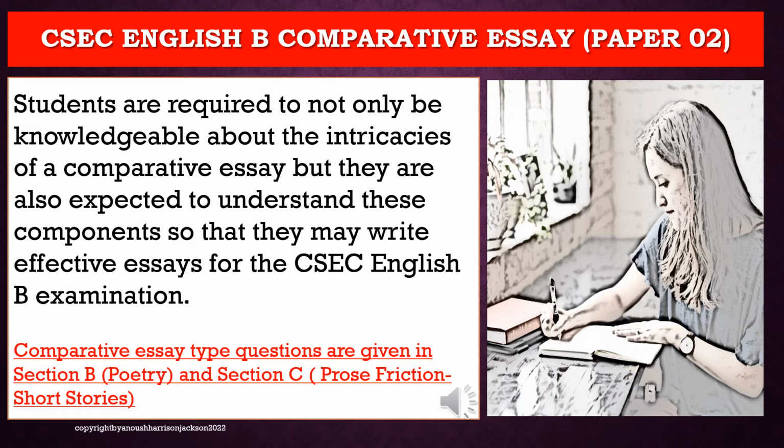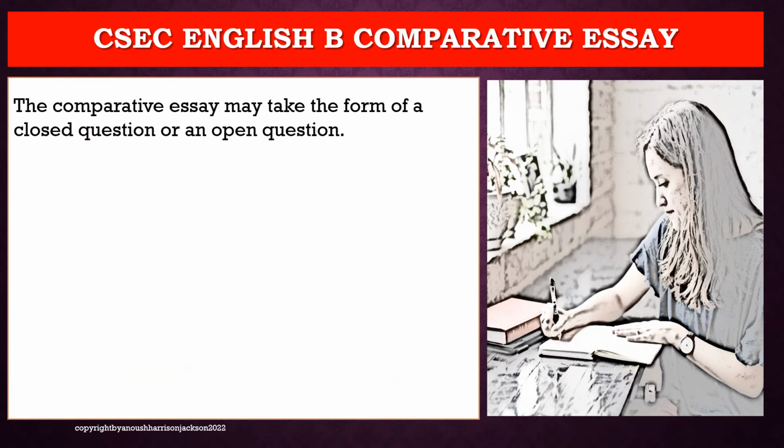Comparative essay type questions are given in Section B, the poetry section, and Section C, the prose fiction section, more specifically, the short story section. The comparative essay for CSEC English B may take the form of a closed question or an open question.